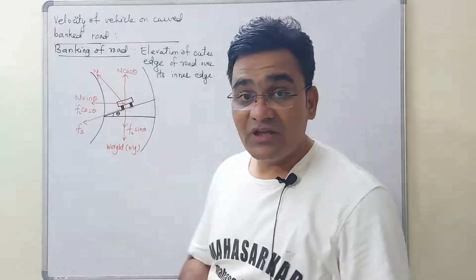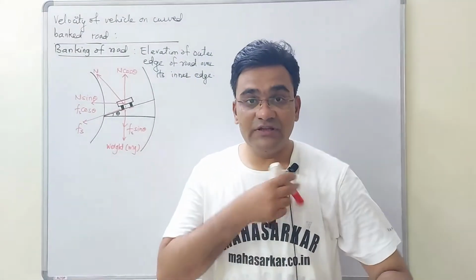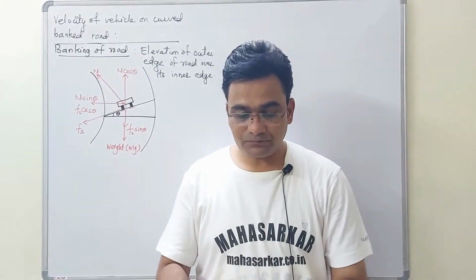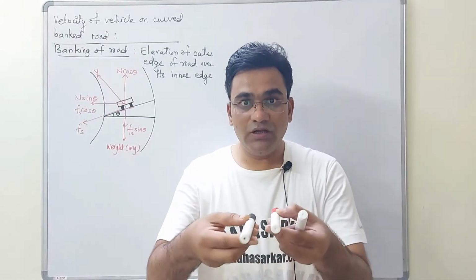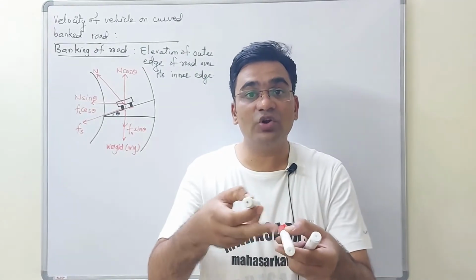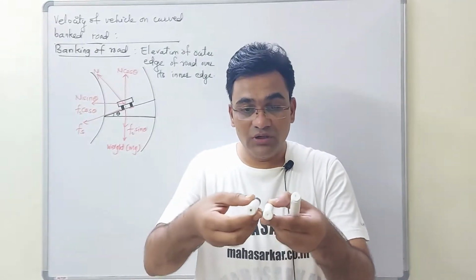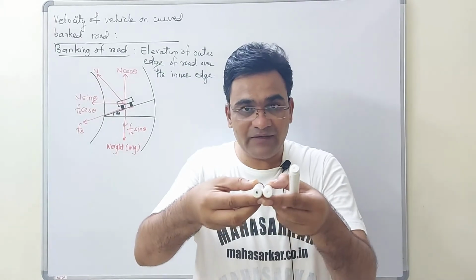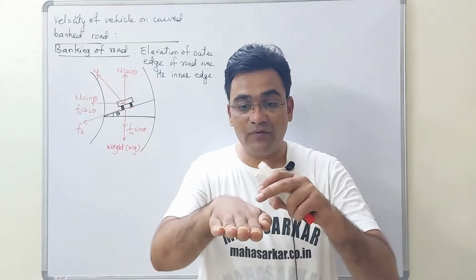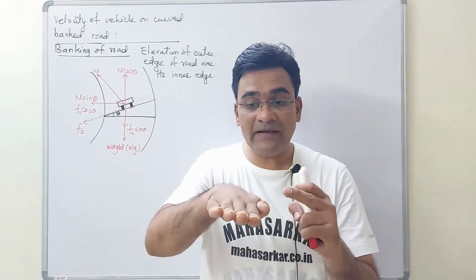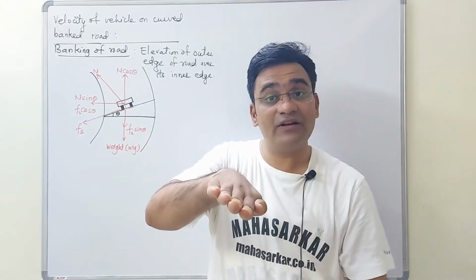Means what? If suppose these are the two surfaces, these are two levels of the road, this is inner edge of the road and this is outer edge of the road, then they both will not remain exactly parallel. One will be inclined by certain angle. So if this is the surface of road, then during banking it will be elevated by certain angle.